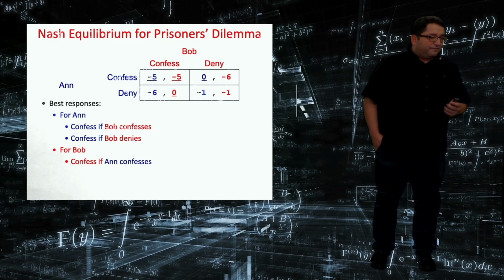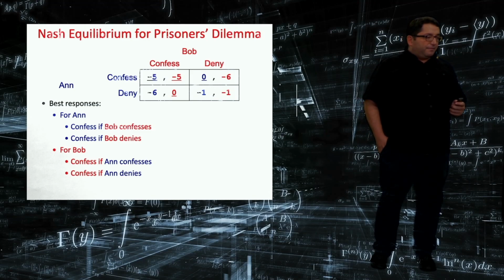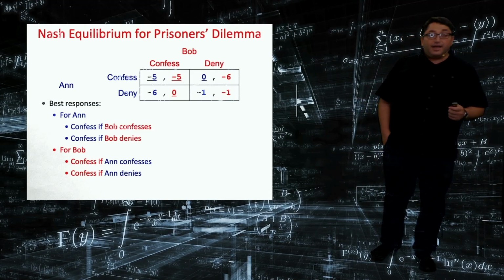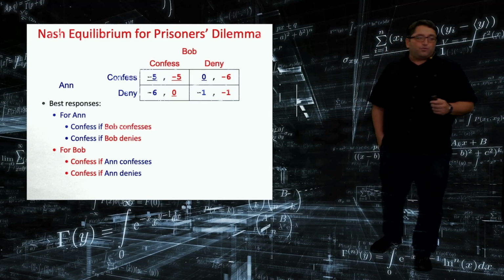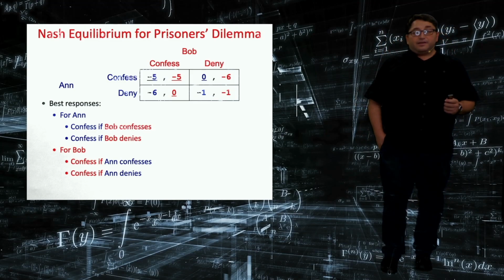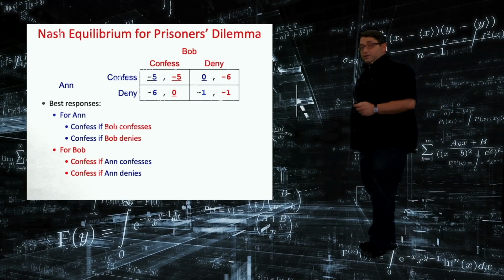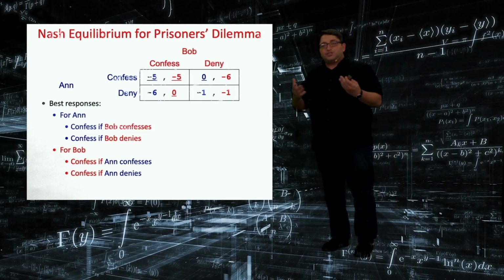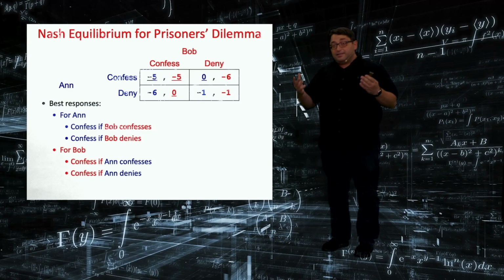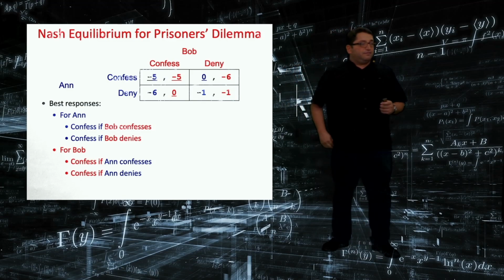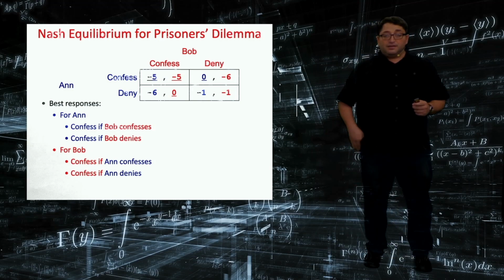If Anne confesses, Bob would confess too by a similar argument. And if Anne denies, then the best response for Bob would also be confess. If you look at the intersection of the best responses, where both payoffs are underlined, we see that it is confess, confess.